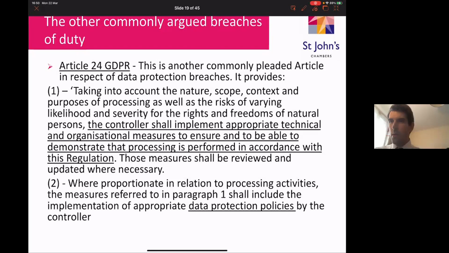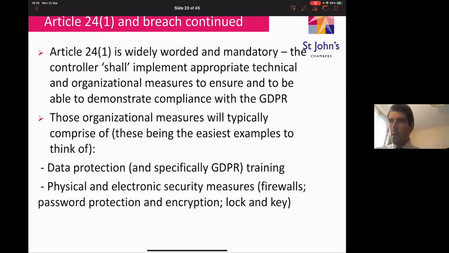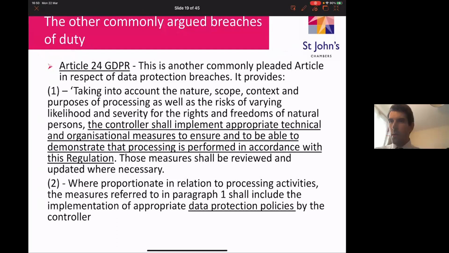So what do I think that means? Well, it means that a claimant will say that Article 24.1 is widely worded and it's mandatory. Again, the controller shall implement appropriate technical and organisational measures to ensure and to be able to demonstrate compliance with the requirements of that regulation, but also in terms of data protection policies, as we see on the previous slide under Article 24.2.